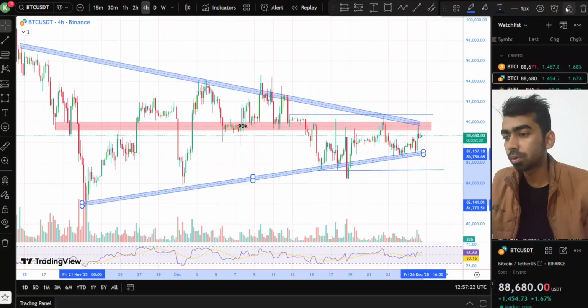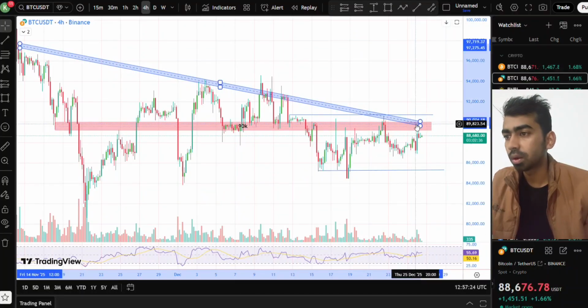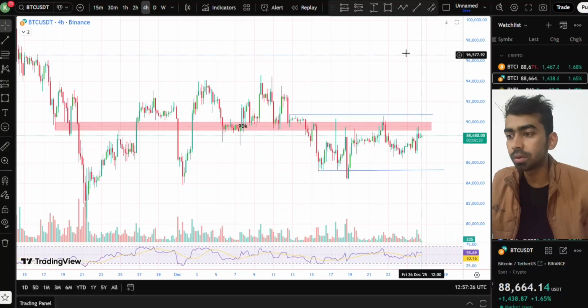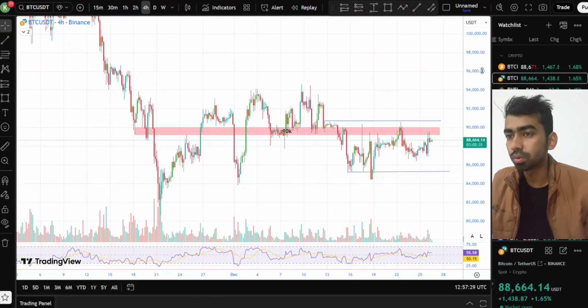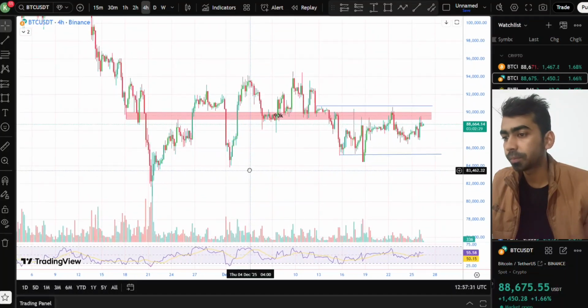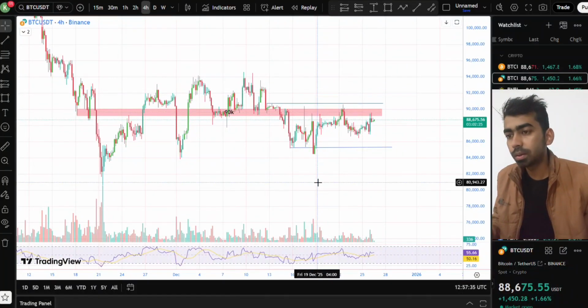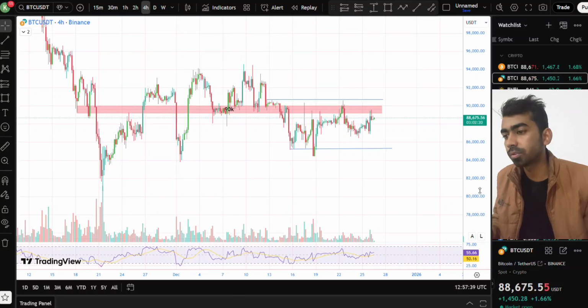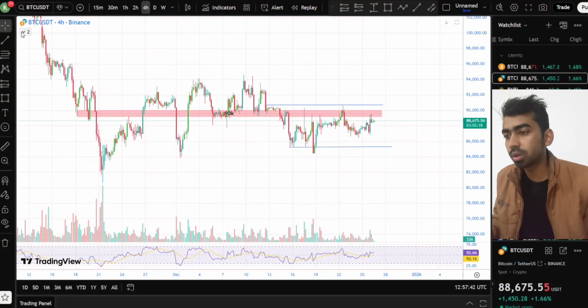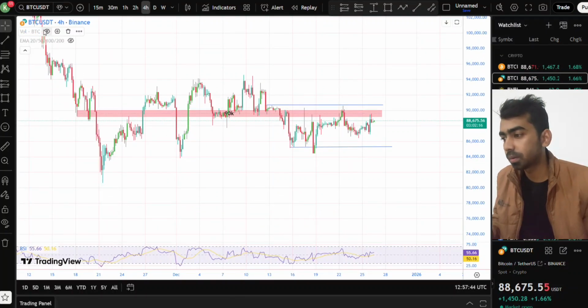Now I'm going to remove these two trend lines, so you can easily understand how BTC behaves in these two zones. Now the main thing is liquidity, upside liquidity and downside liquidity, which one BTC actually tries to take first.